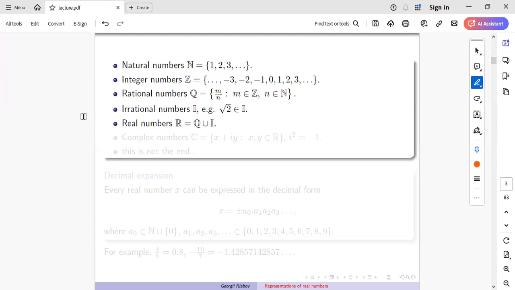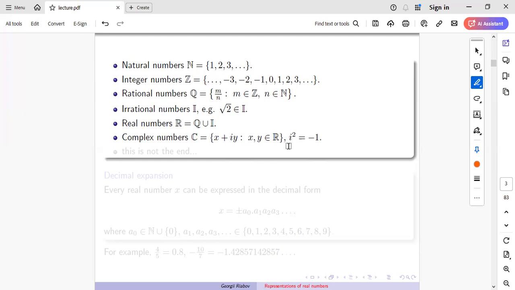Also, maybe you're familiar with the complex numbers. These are, in some sense, more artificial numbers that are obtained from real numbers by adding a special number i, such that i squared gives -1.